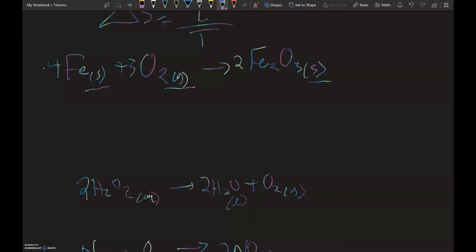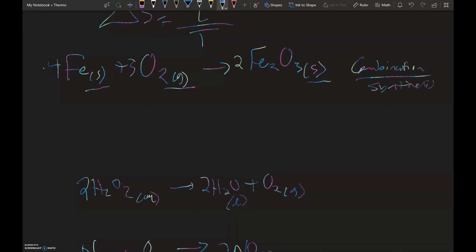Now, from a standpoint, we need to know what type of reaction this is, and the type of reaction is going to oftentimes help us figure out how the entropy might change for that particular system. In this case, this is a combination reaction, and combination also refers to synthesis, if you've heard it that way too.